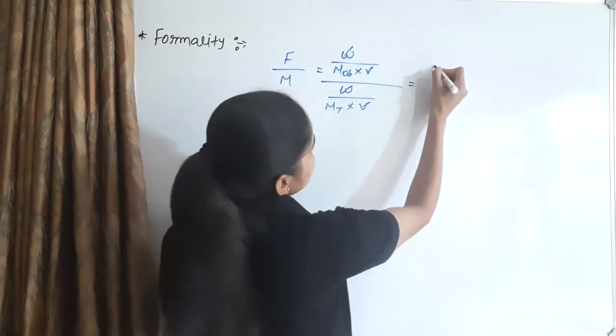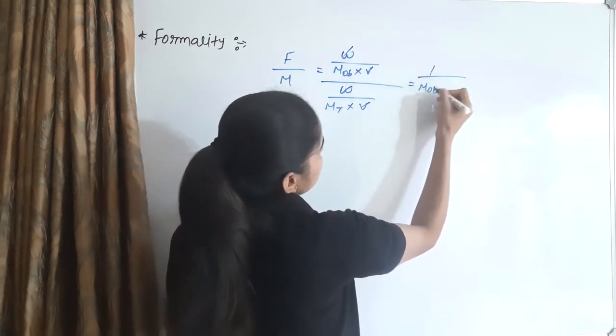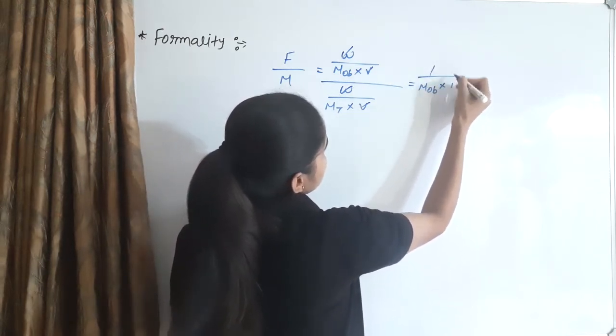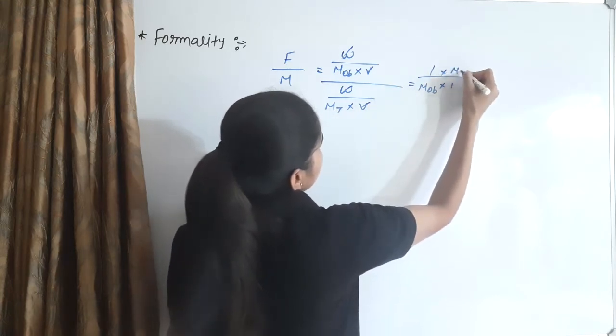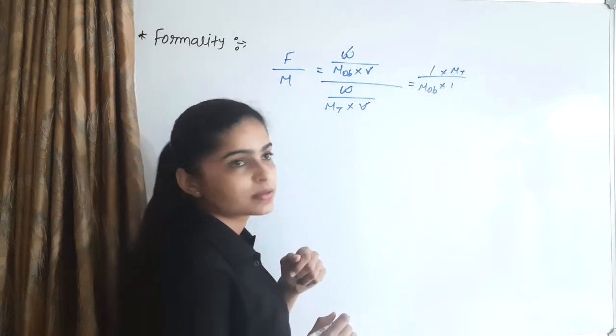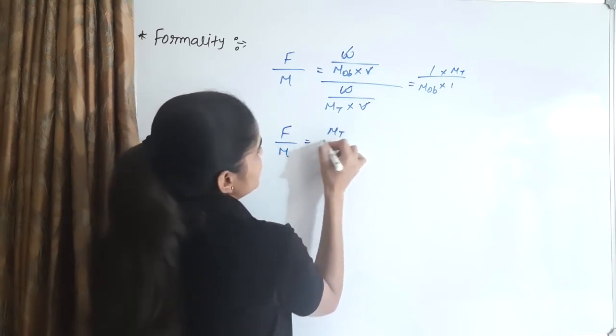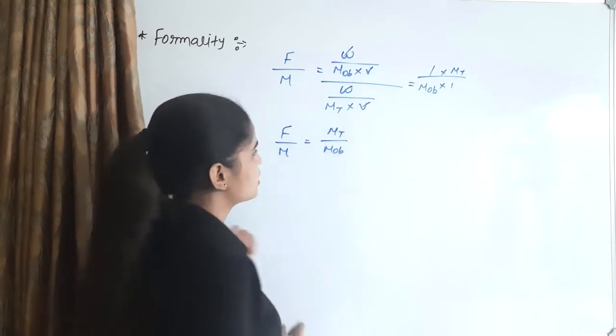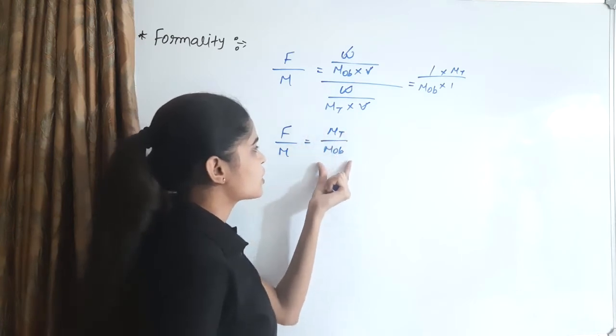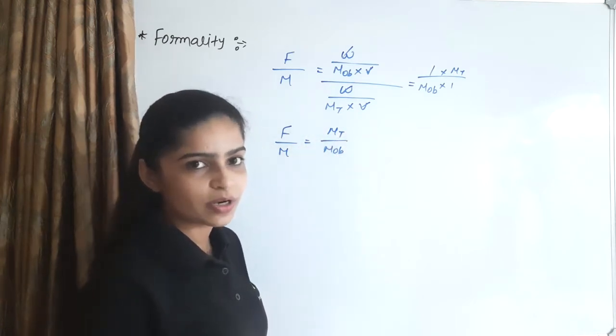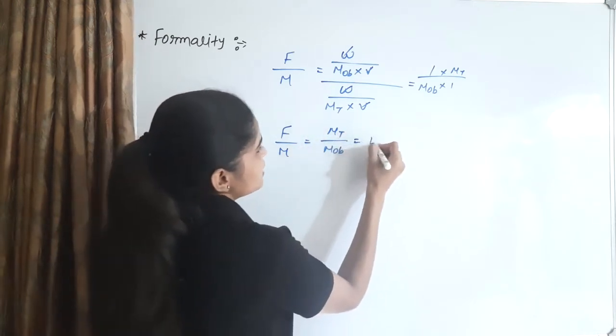So we get 1 upon observed molecular mass and 1 upon theoretical molecular mass. So F by M is equal to M theoretical by M observed, meaning theoretical molecular mass divided by the observed molecular mass. It's denoted by i.